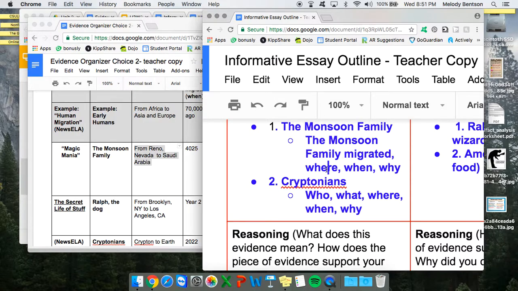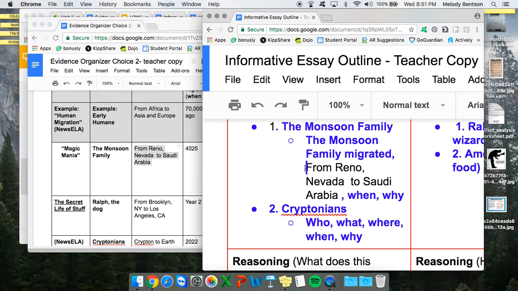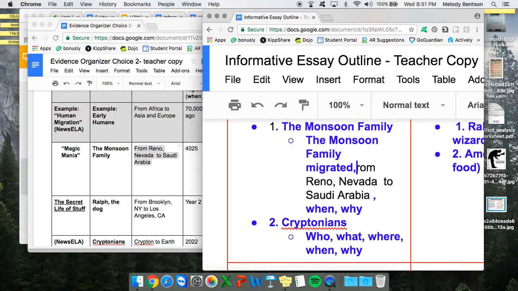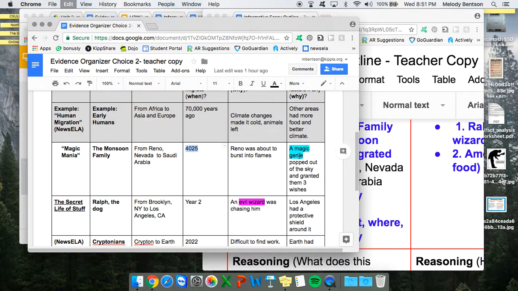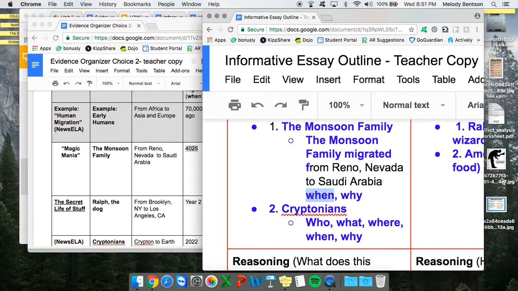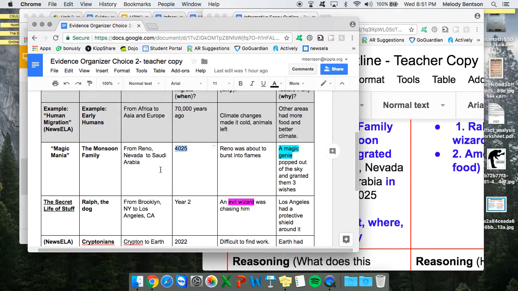So I'm copying, I'm pasting, I'm deleting the capital because I'm making one sentence. Reno, Nevada to Saudi Arabia in the year 4025. And then I'm going to add the why, which is the push factors and the pull factors.